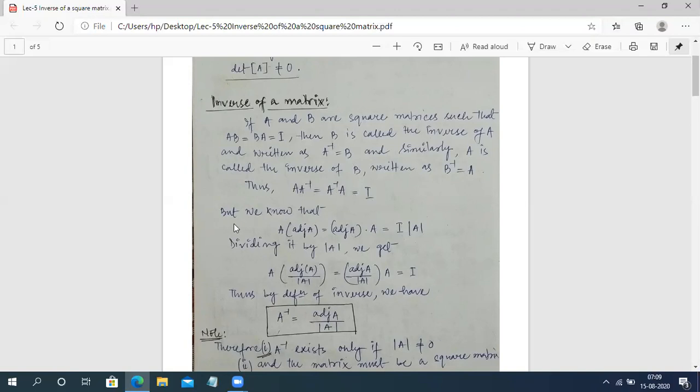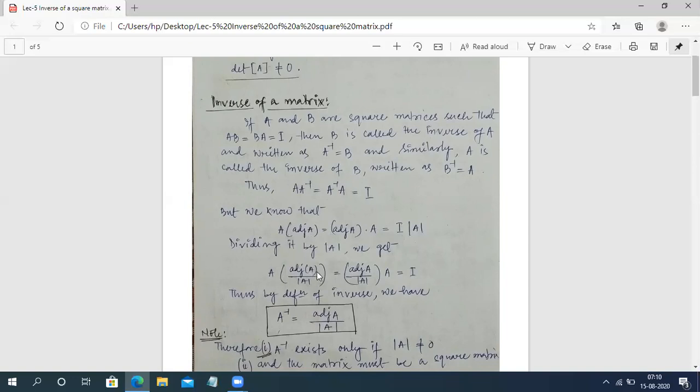Now we have a very important theorem which says that A into adjoint of A is equal to adjoint of A into A, and that value will be equal to identity matrix into the determinant value of A. So if we see this result and compare this result with the relation AB is equal to BA is equal to I, then first divide this whole relation by determinant of A. What we will get?